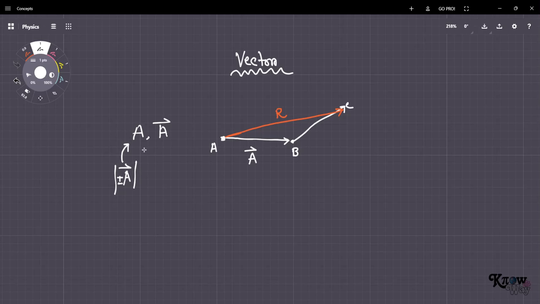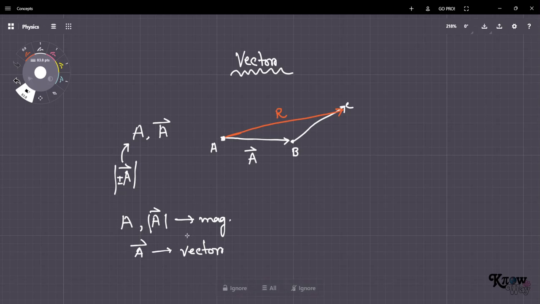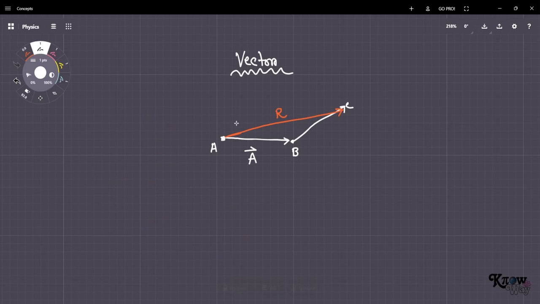So when we do this, we're denoting that this is the magnitude. And when we're only referring to this, we will say that it's the vector quantity. So that's pretty much the notations.